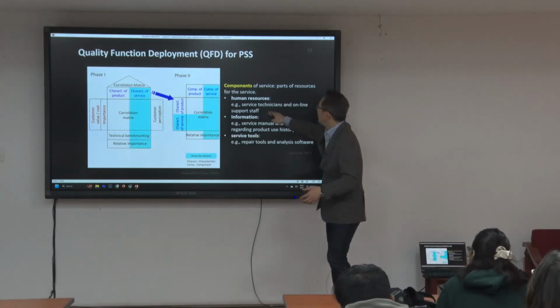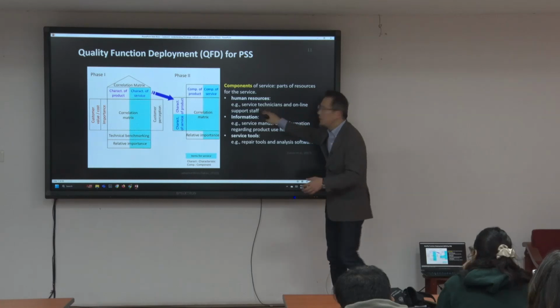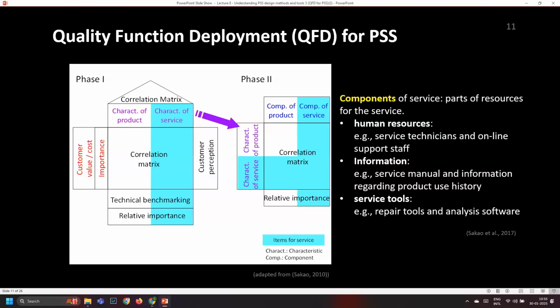So by looking at the examples for each category, I think you will better understand. For example, service technician. This belongs to the human resource category. This is an entity required for a given service, and online support staff, and so on. Information is another type of component.